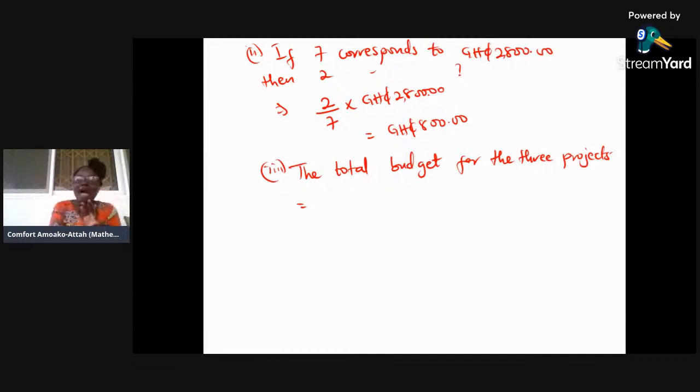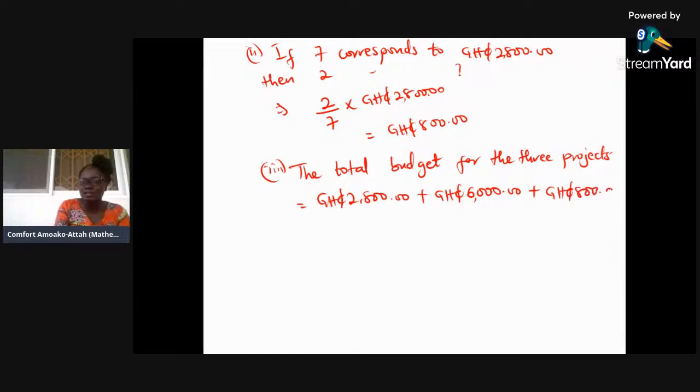The expenditure you had on roads, the one you had on schools, and the one we had on water supply. For the roads, it was given to us as 2,800, plus schools, we had 6,000 cedis, then for our water supply, we had 800 Ghana cedis.